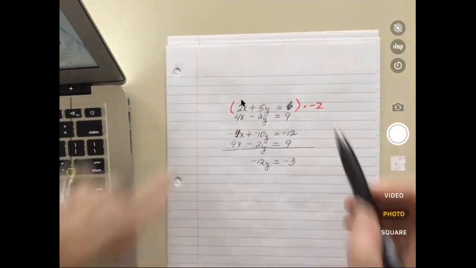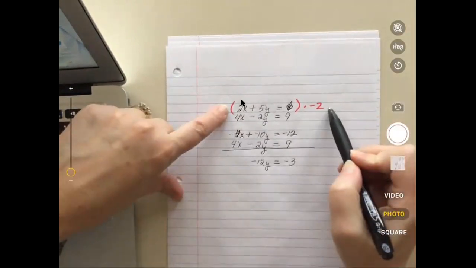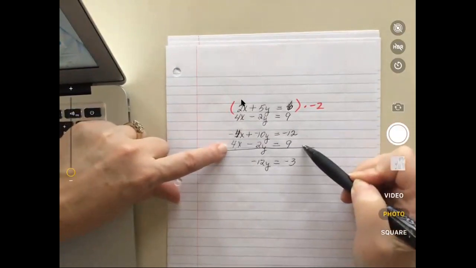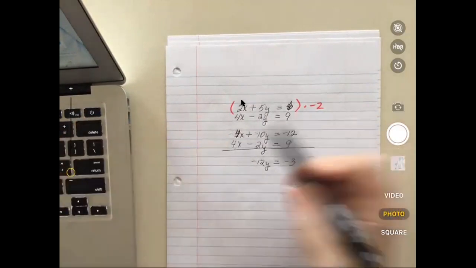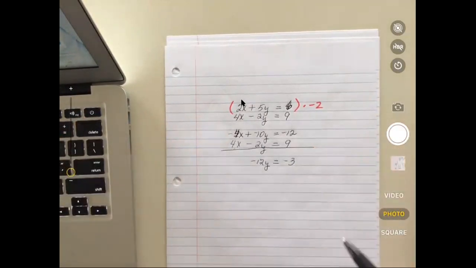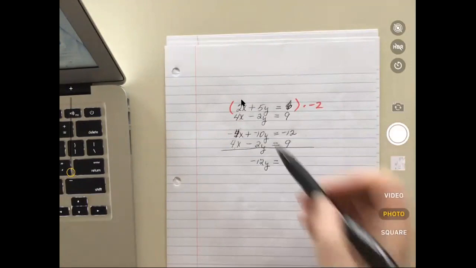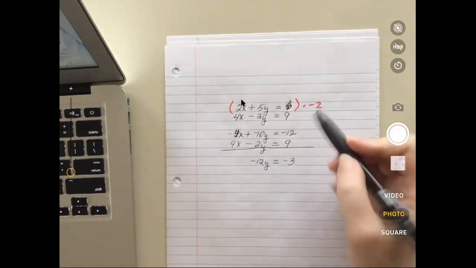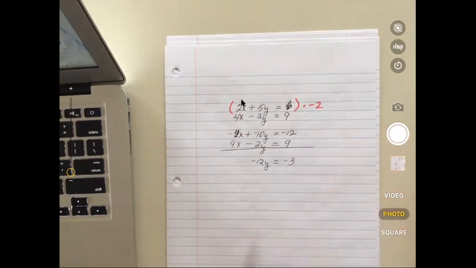Okay, so I multiplied the whole top equation by -2 and got this. I put the bottom one right underneath, and those eliminated because they're opposites. When I add those up, I get -12y. When I add those up, I get -3.